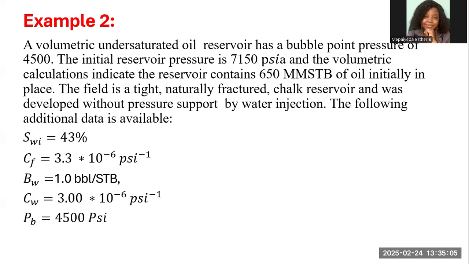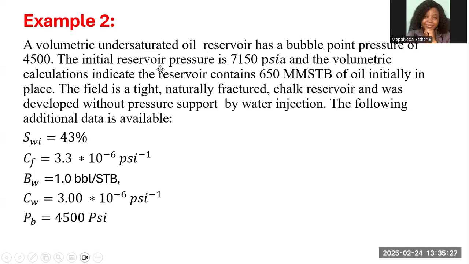You understand what this means? I believe we treated that as well. Your BW, 1.0 barrel per STB, your CW also in the same order as your CF, and then your PB, 4,500 PSI. Okay, so going back to the question, it's an undersaturated oil reservoir.